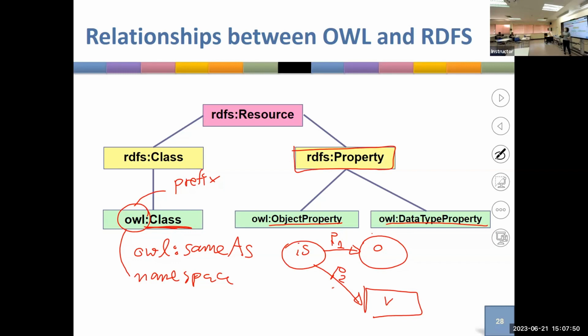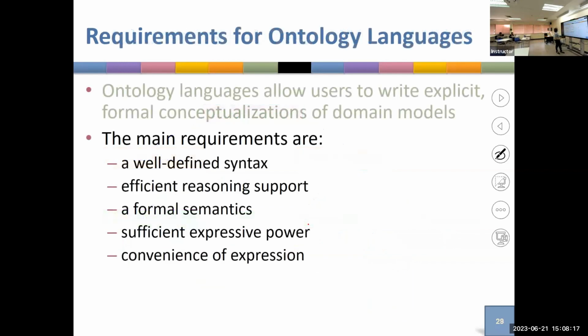The range is some kind of literal value. This is a data type property, while P1 is an object property. P2 is a data type property because the range is a kind of data type, like string, date time, Boolean, something like that. Okay, we will look at this in more detail.